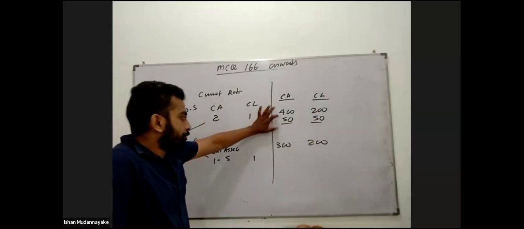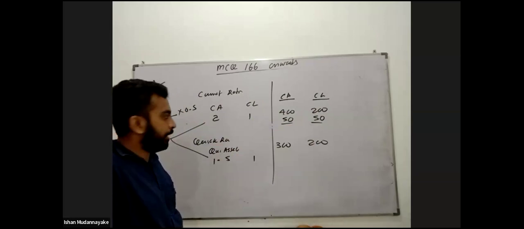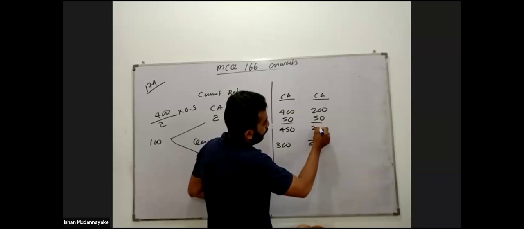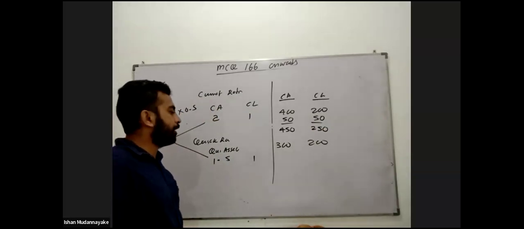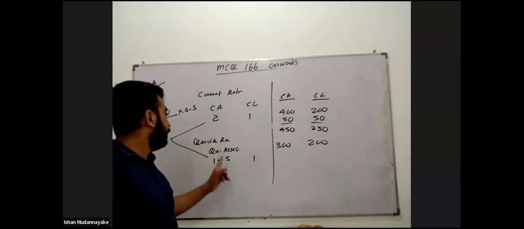Then total current assets are 450 and total current liability 250.